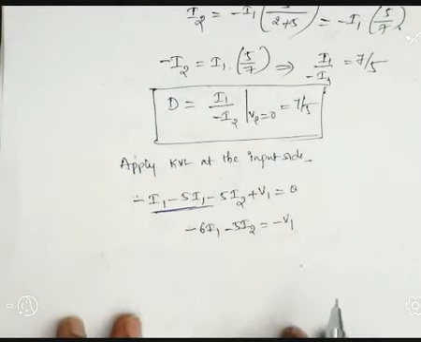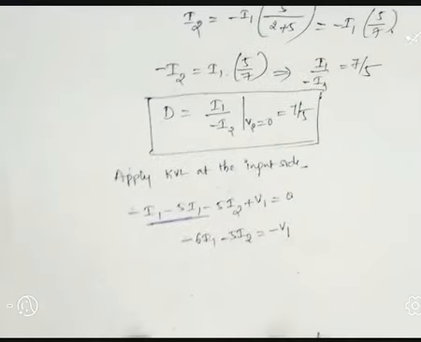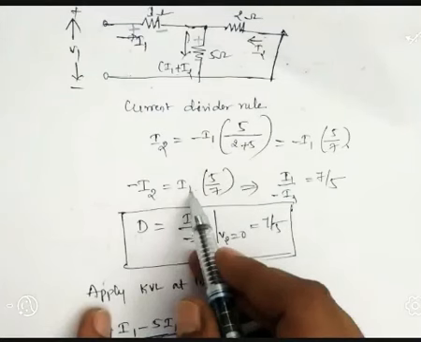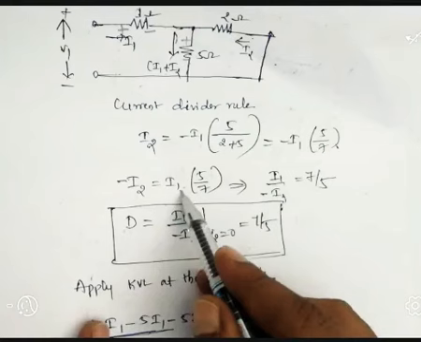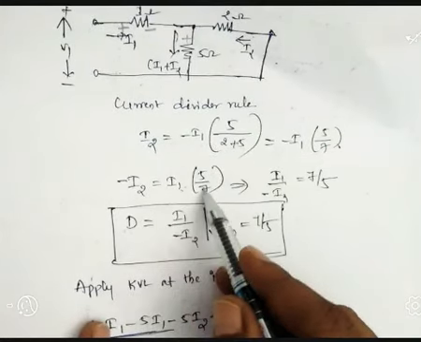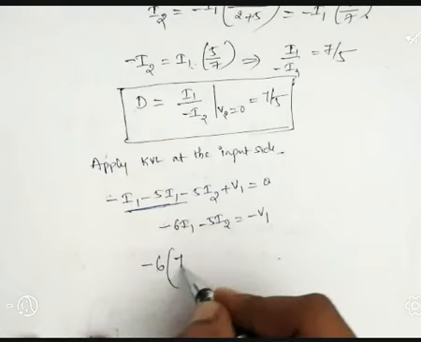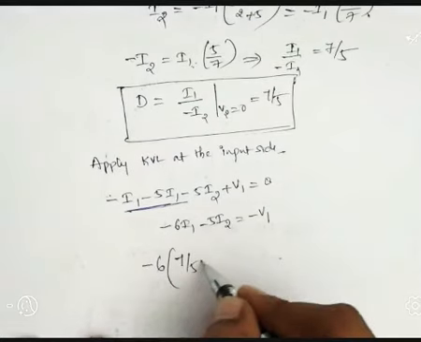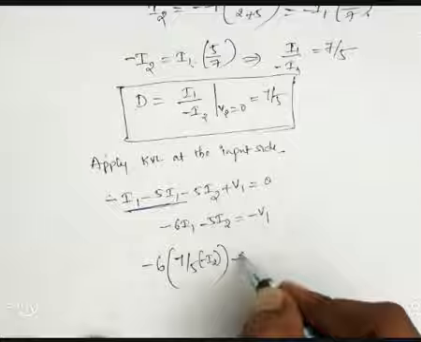Okay, and now we know the value of I1. I1 equal to 7 by 5 minus I2. So minus 6 as it is, 7 by 5 minus I2, minus 5I2 is equal to minus V1.